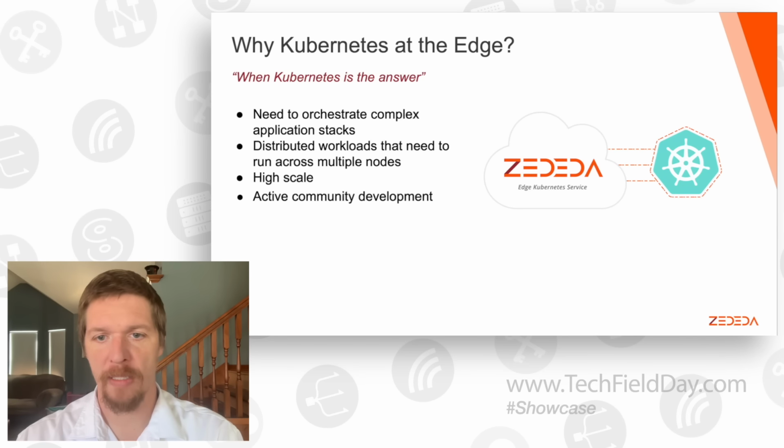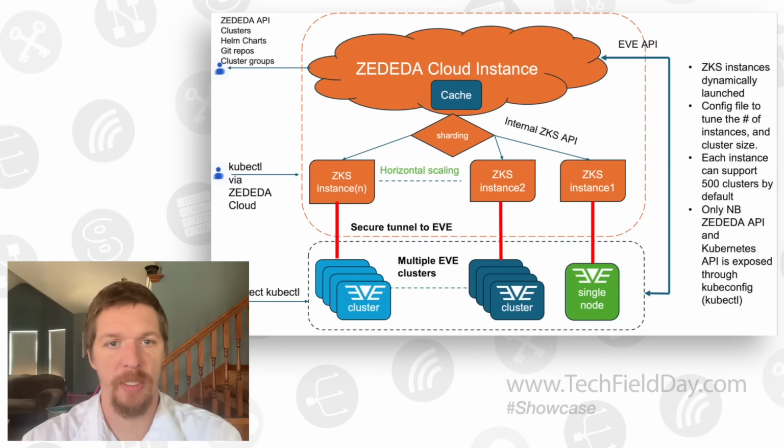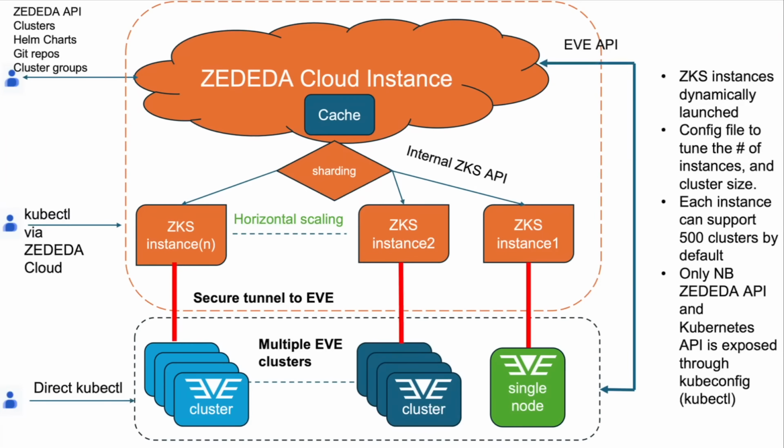Now, ZEDEDA has our own Kubernetes service built into the platform. I'm going to go through a demo of that in a minute, but before I do, I wanted to show you just very briefly the architecture. The reason is, A, just to let you know all of the hard work that went into it, but B, that we made it very simple to use.